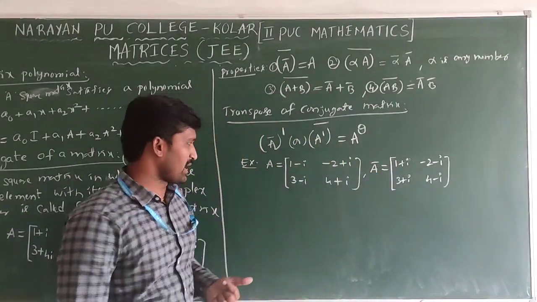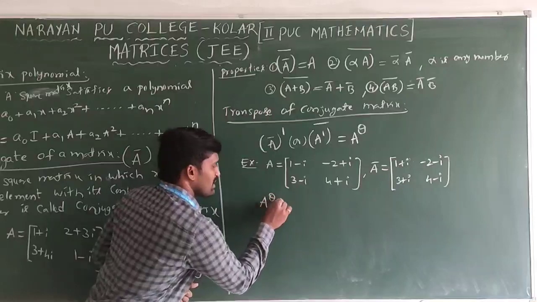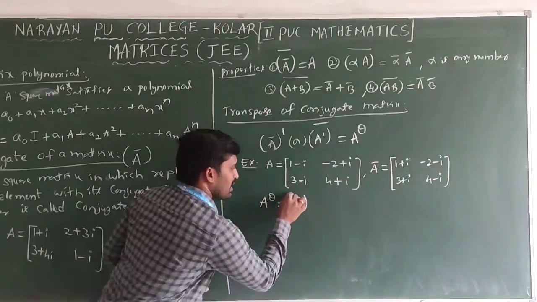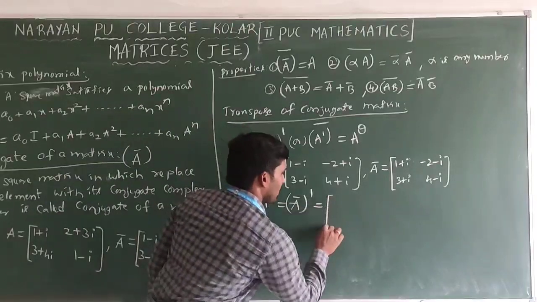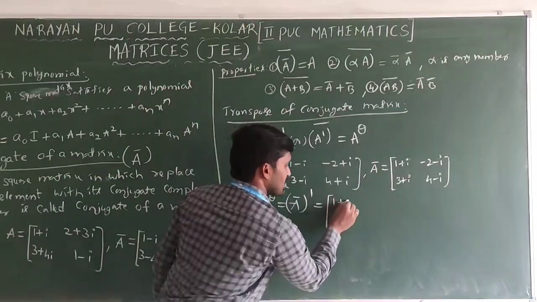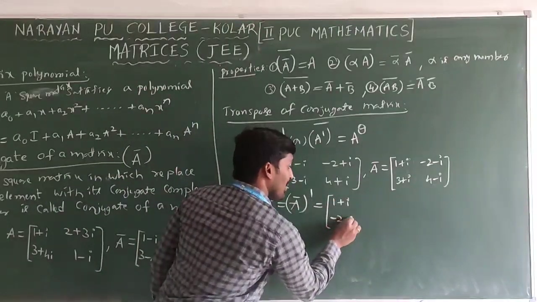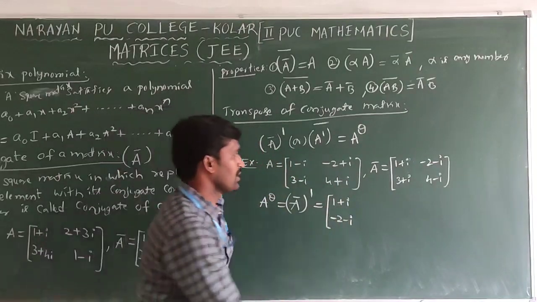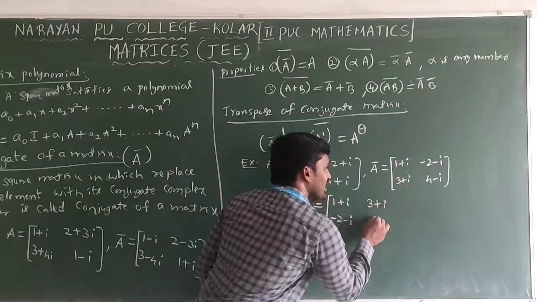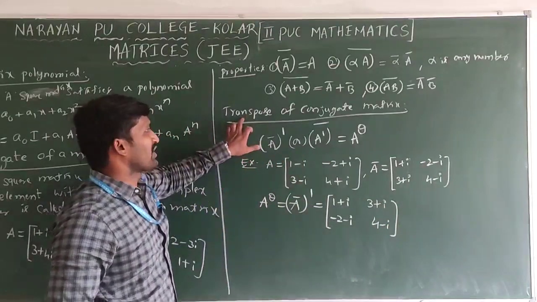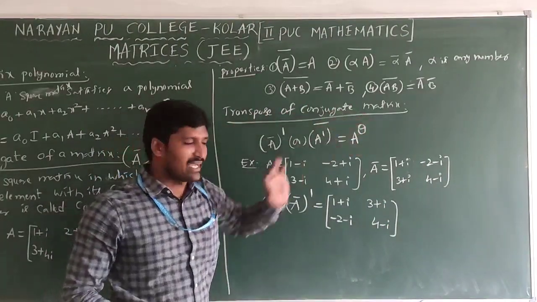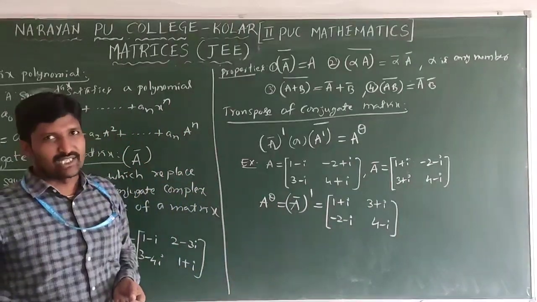That is the transposed matrix. For A bar, we need to apply transpose. Apply transpose to this matrix. What do you get? 1 plus i, minus 2 minus i, 3 plus i, 4 minus i. This is the simple meaning of transpose of conjugate matrix.